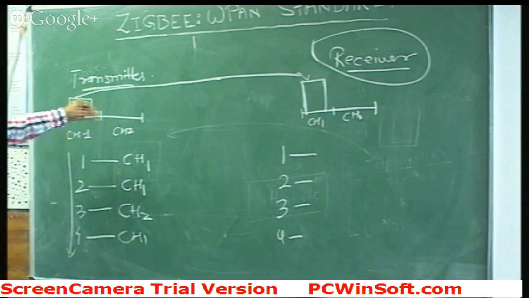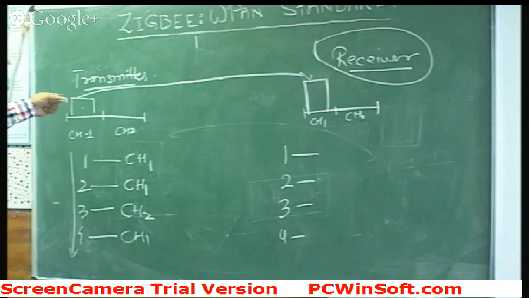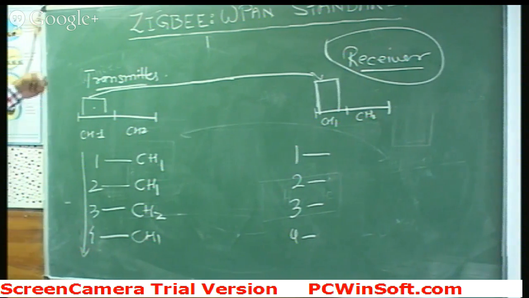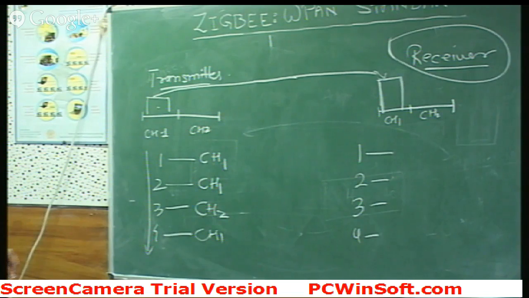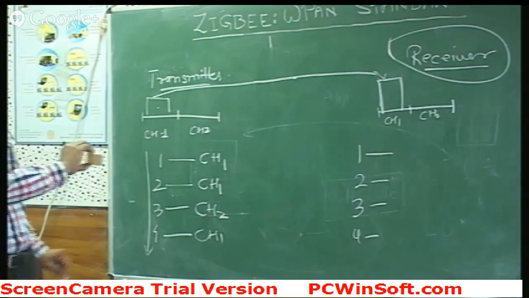This is how jamming or errors due to interference can be reduced. Have you got it now? Yes, sir. And this is frequency hopping.